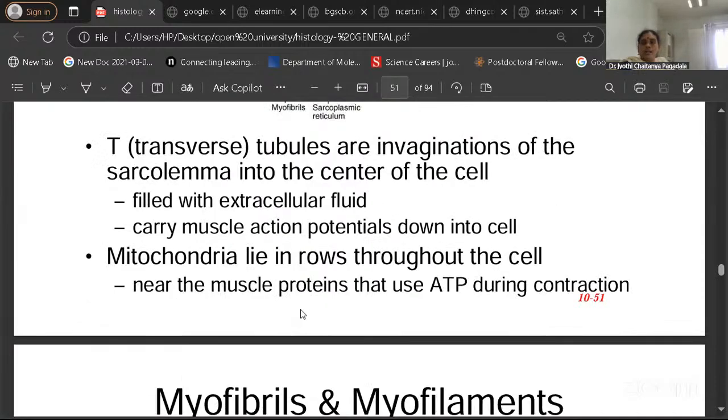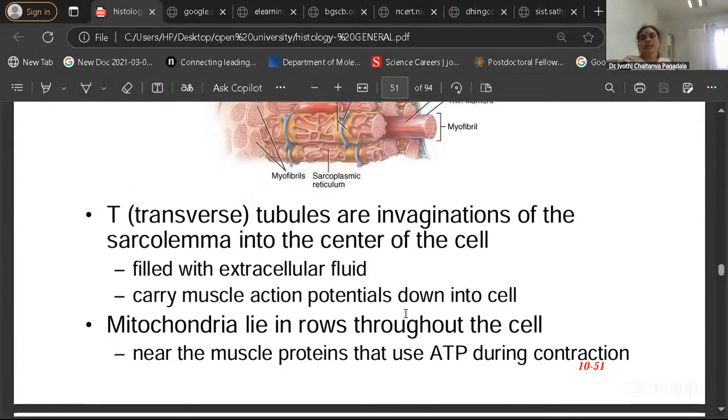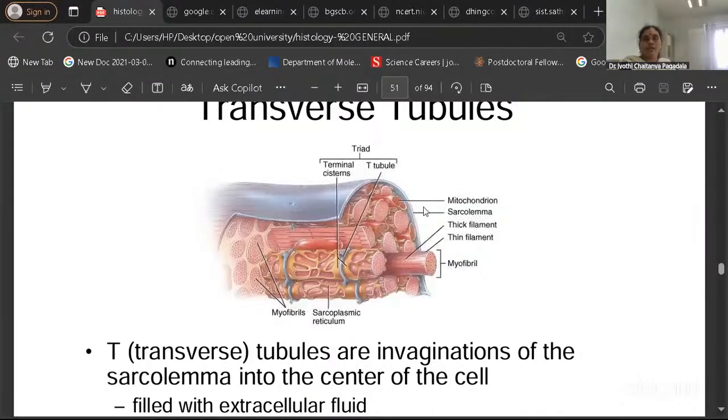Mitochondria lie in rows throughout the cell near the muscle proteins that use ATP during contraction. Here you can see the structure of transverse tubules, which contain mitochondria, sarcolemma, thick filament, thin filament, and myofibrils.